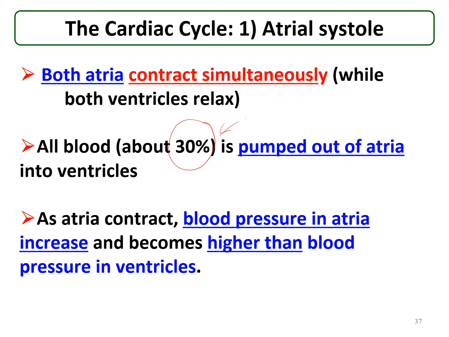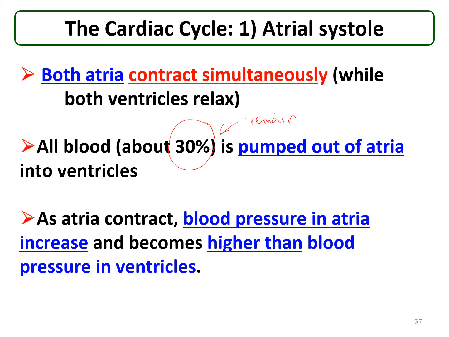Please bear in mind, only 30% of the blood that enters the heart remains in the atria during atrial systole. This is because the other 70% has already flowed into the ventricles passively before the atria contract.